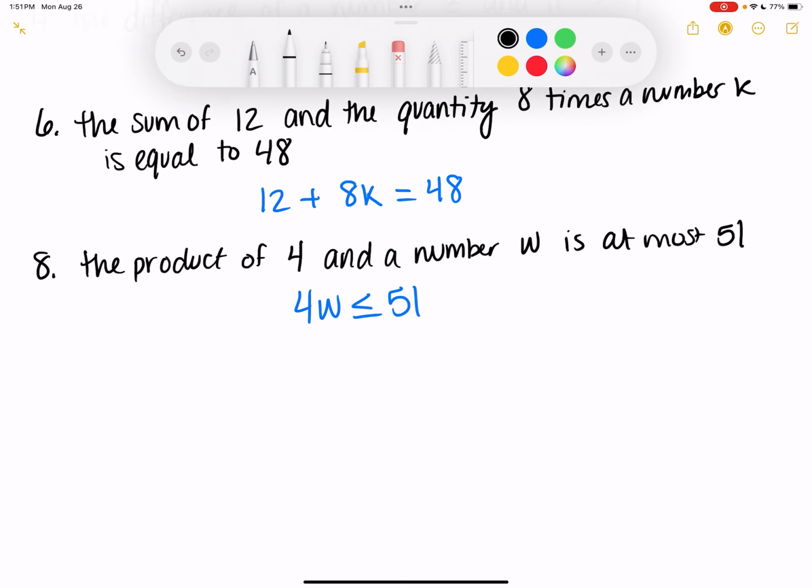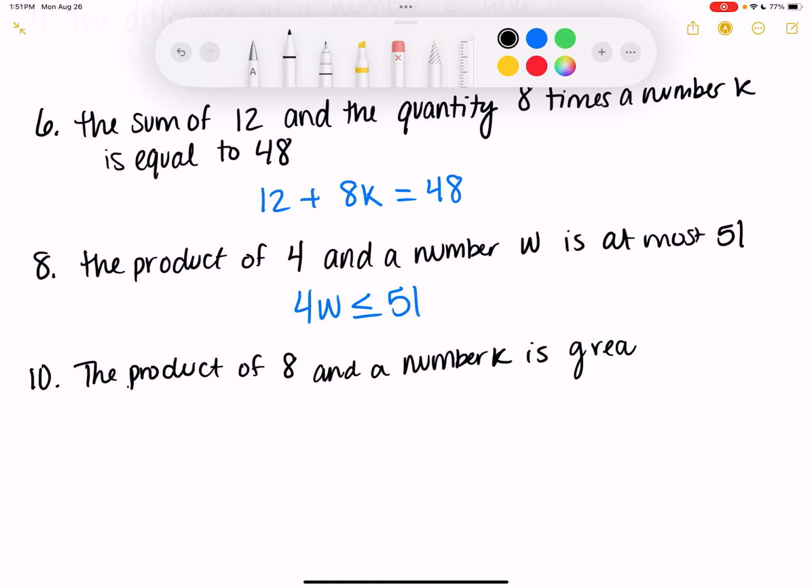This next one's interesting. Number 10 says the product of 8 and a number k is greater than 4 and no more than 16.